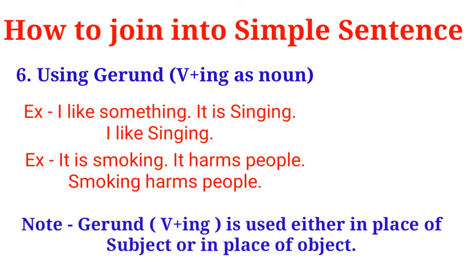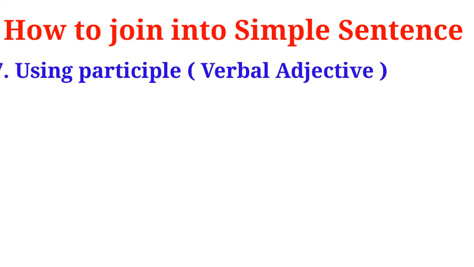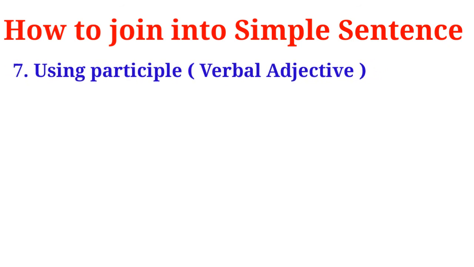Exactly, if we use verb plus ing as noun, it is the example of gerund. The second example is given here. It is smoking, it harms people. So the joining becomes smoking harms people. One note has been given here. Gerund, that is V plus ing, is used either in place of subject or in place of object. The meaning is clear that gerund is V plus ing as noun.